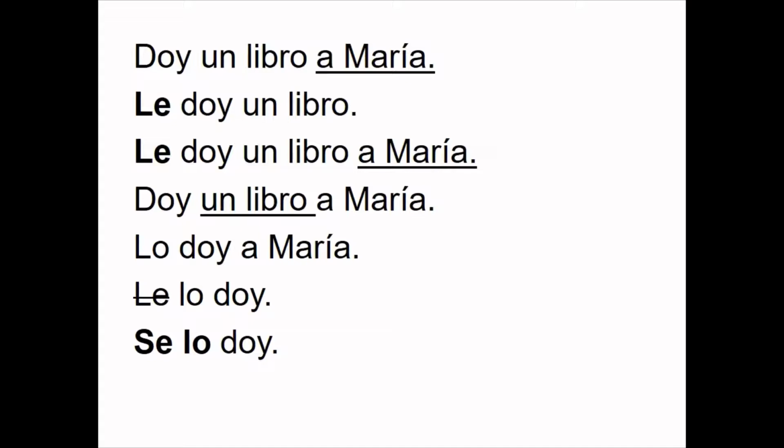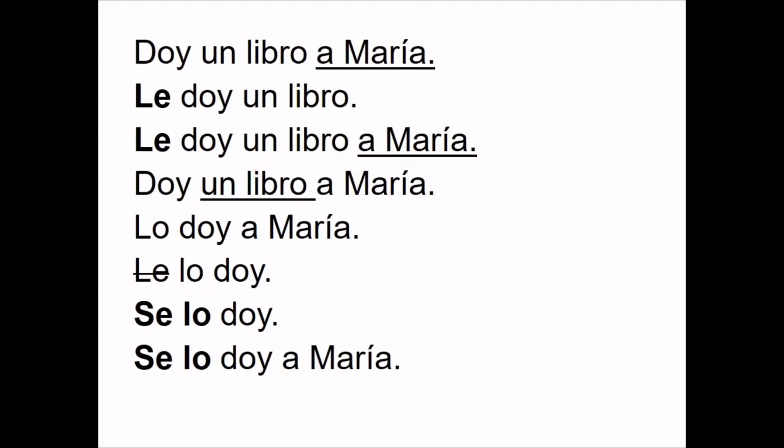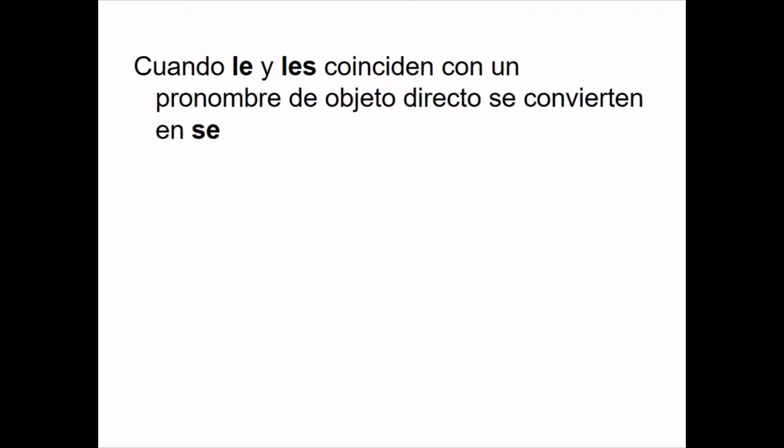But since se lo doy can refer to many people, we use the indirect object again to clarify who receives the action. This is very important. When le and les coincide with a direct object pronoun, they become se.